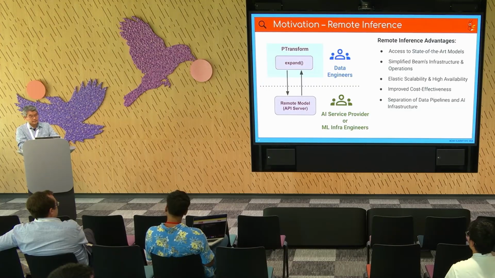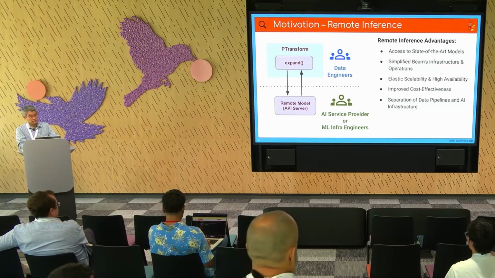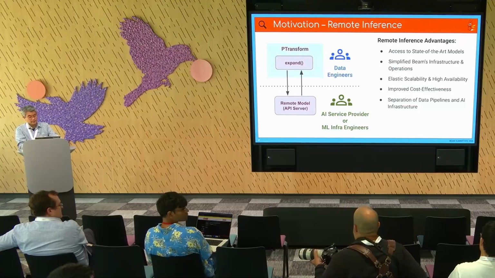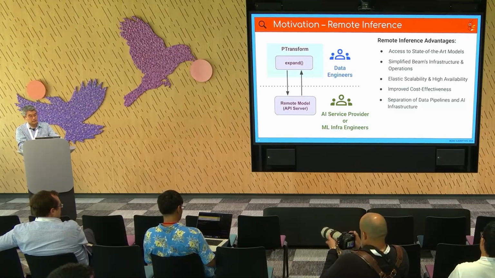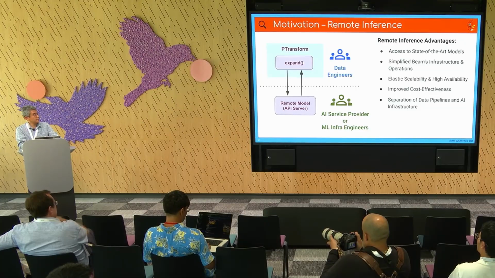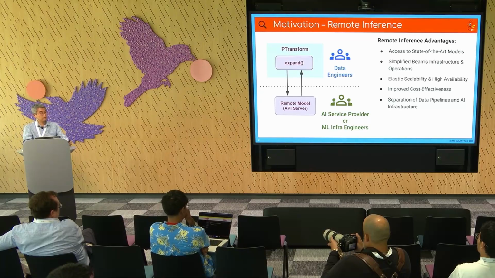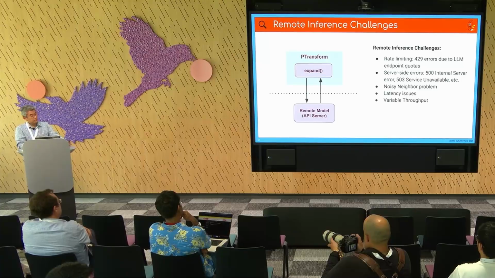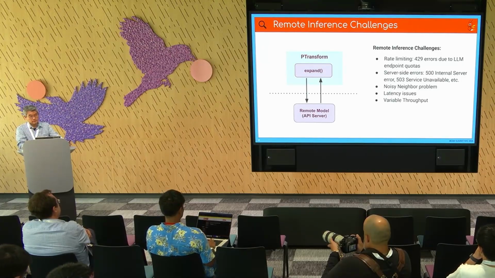This separation allows data engineers to focus exclusively on data processing and the data pipeline, while the challenges of model deployment, hardware management, and scaling are handled by AI service providers or a dedicated in-house infrastructure team. So a separation of the ML infra backend offloads the admin overhead from the data engineering team.